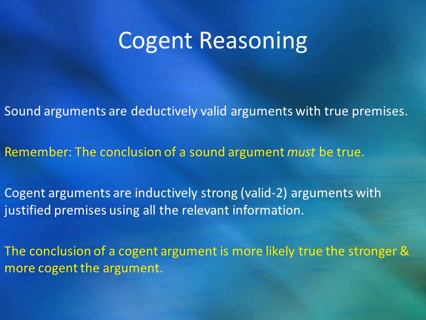So cogent arguments are inductively strong arguments, sometimes called valid two, with justified premises and using all the relevant information. So the conclusion of a cogent argument is more likely to be true the stronger the argument is.